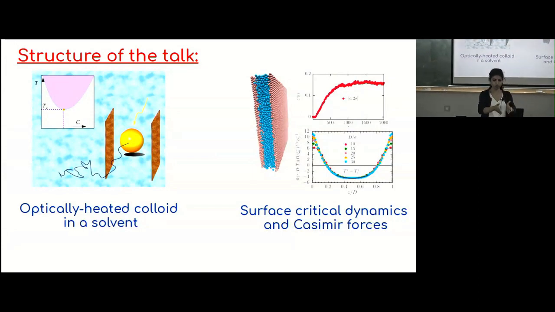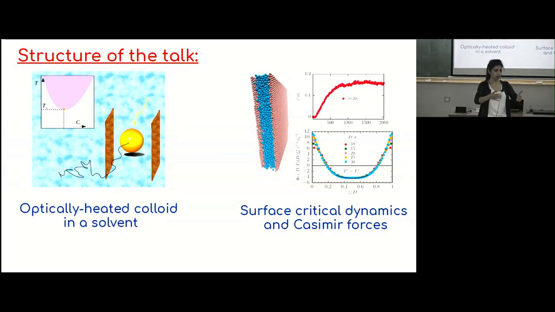I have a fluid which is close to a second order phase transition, and I have these surfaces. Close to the critical point, the bulk correlation length becomes very large. So if the separation distance is of the order of the correlation length, then these two walls become correlated.